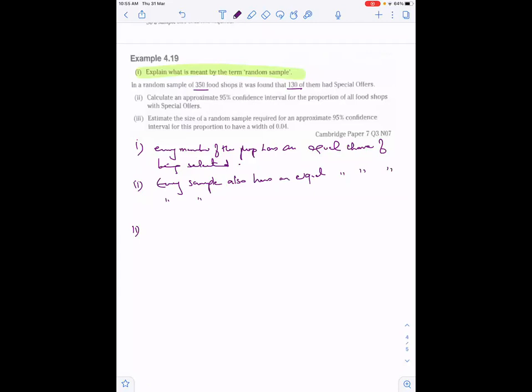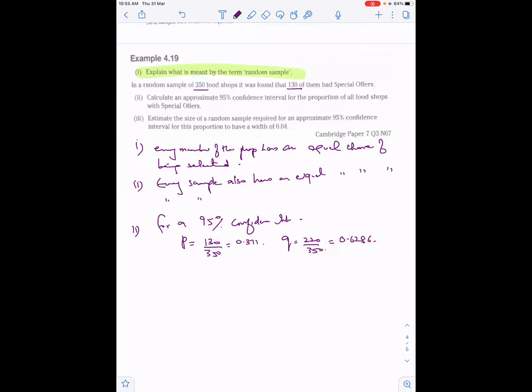So you will write for a 95% confidence interval, p equals 130 upon 350, and q is 350 minus 130, which is 220. 220 upon 350, which is 0.6286. This is 0.371.